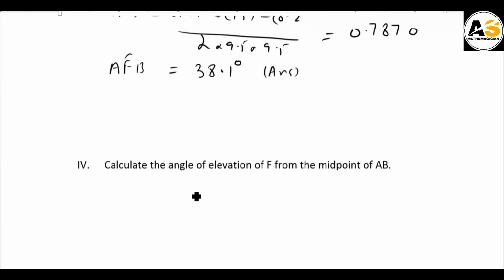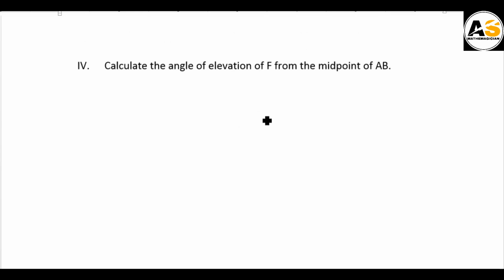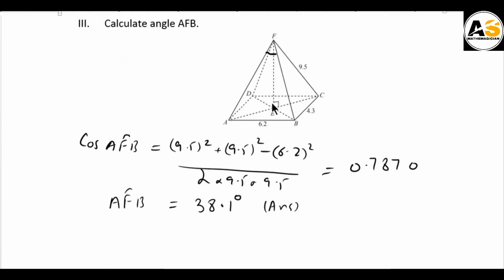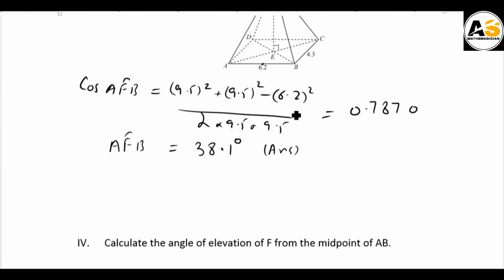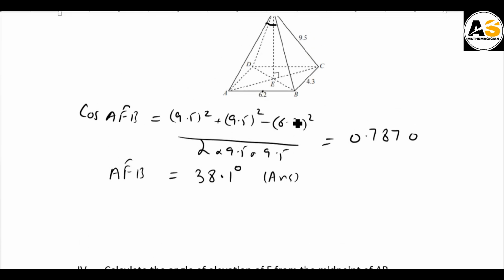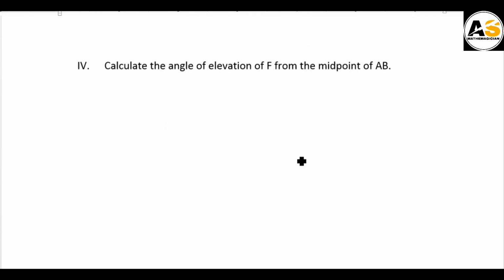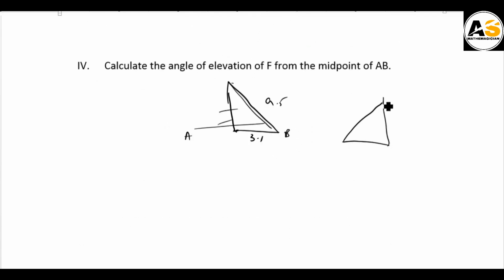In the last part of today's class, we have to find the angle of elevation of F from the midpoint of AB. This AB distance is 6.2. So the angle of elevation will be at the midpoint of AB.